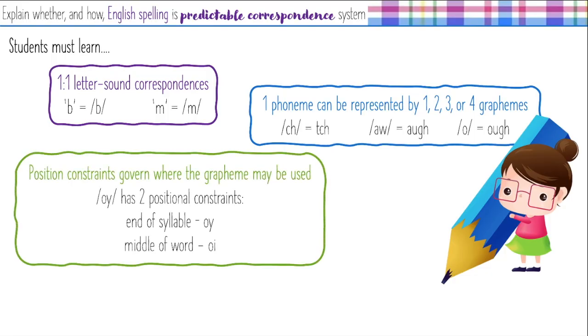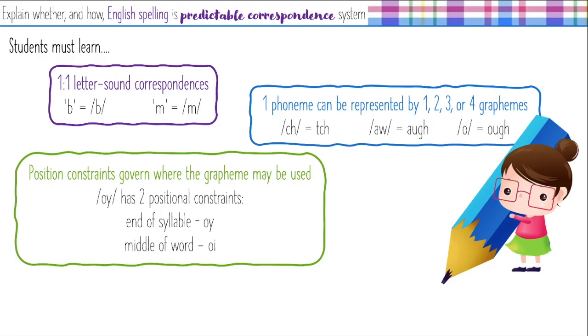We need them to understand that position will govern what letters can be used, okay? And giving them a first choice, second choice, third choice for the spelling is incredibly helpful. So if I'm doing oi, it has 2 places that it can be: end of a syllable, middle of a word. Ow can be at the end of a word or the end of a syllable.